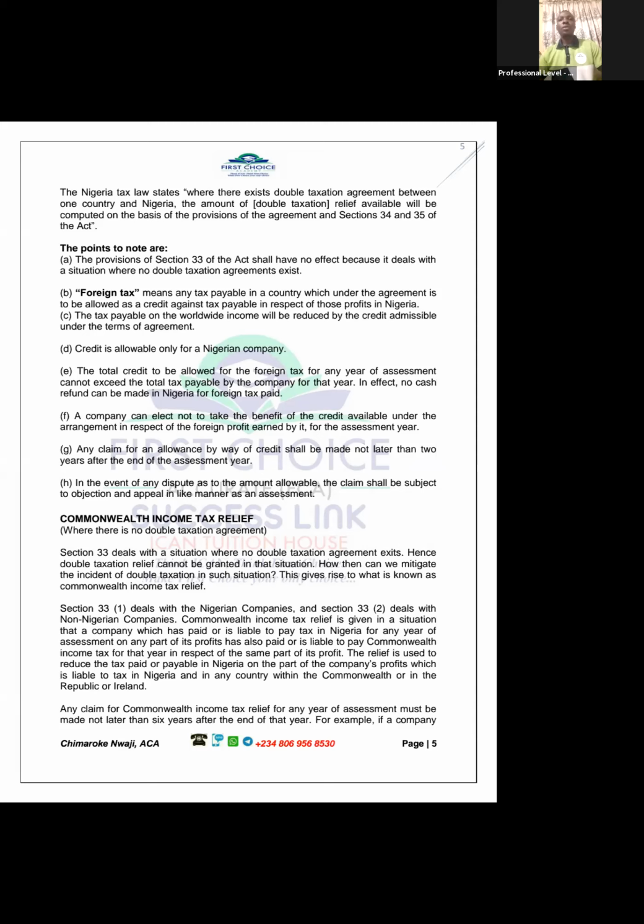That is what they will use. So the law says if the Commonwealth rate of tax exceeds the Nigerian tax rate, the amount by which the Nigerian rate exceeds 1/2 of the Commonwealth rate of tax will be the double taxation relief.